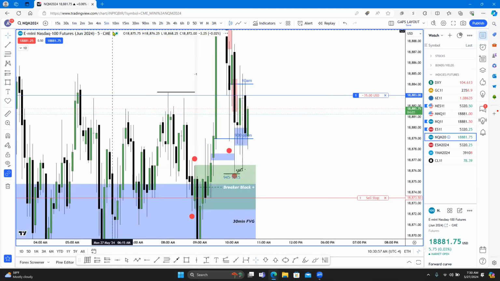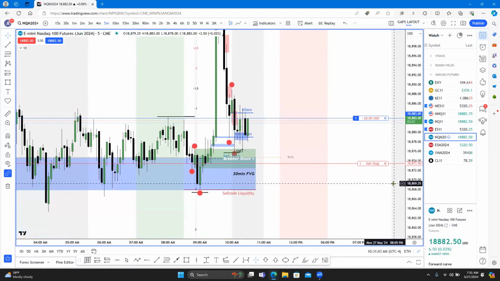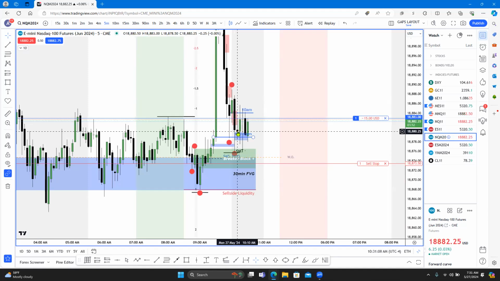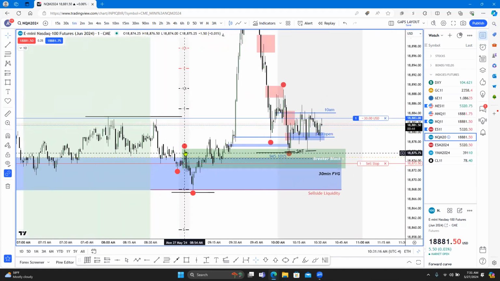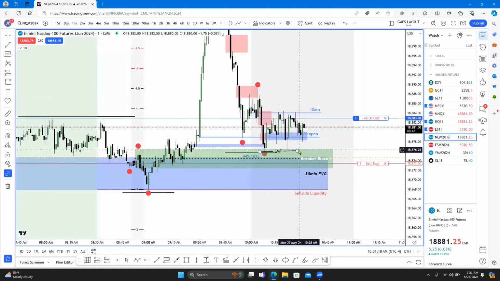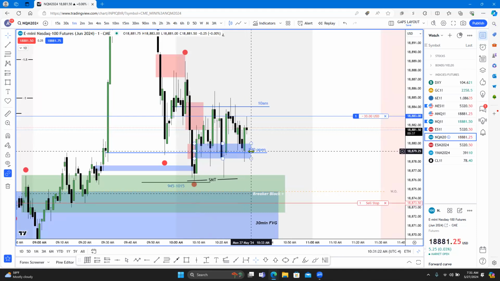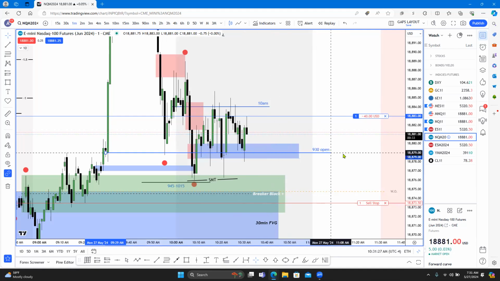Five-minute inversion, potentially. We close beneath this 5-minute in there. We have this small breaker in here. So we're just watching. The only thing that would keep us going higher here is this bullish gap, and we have the 9:30 opening.